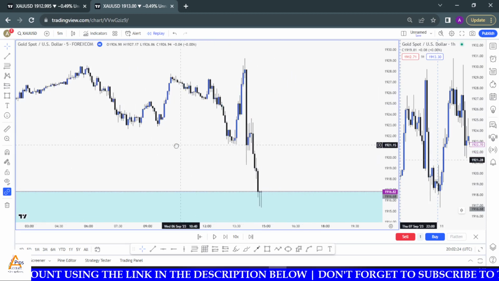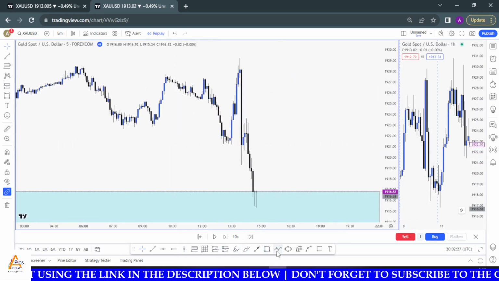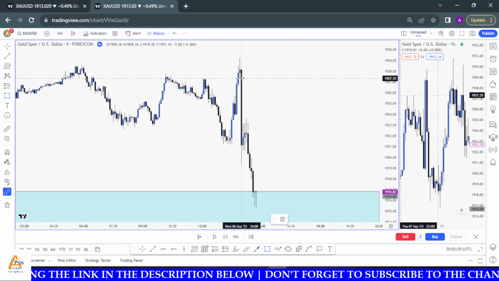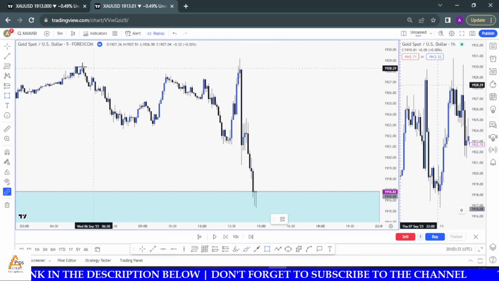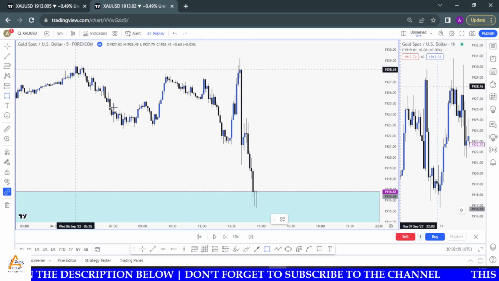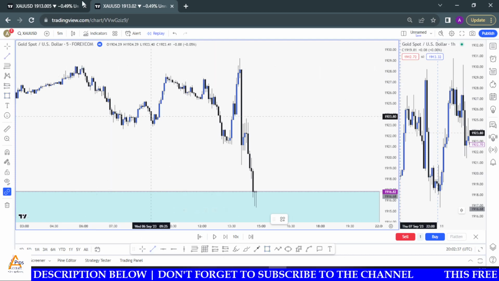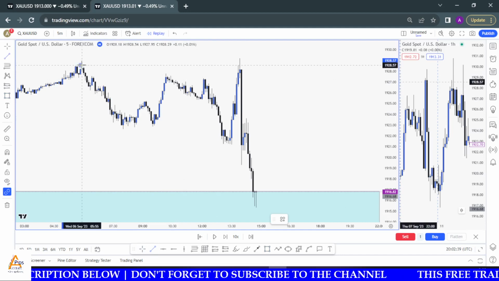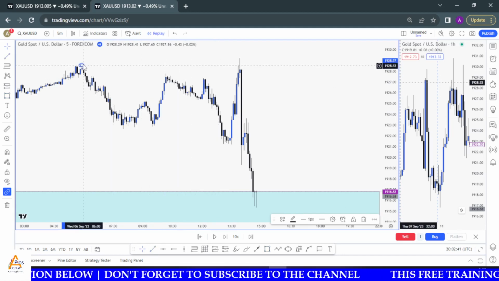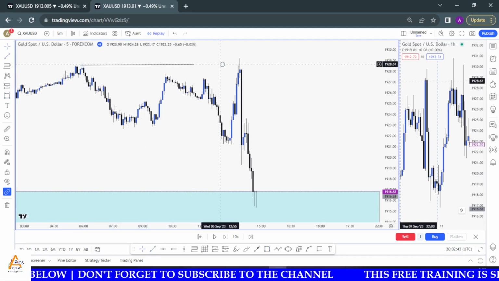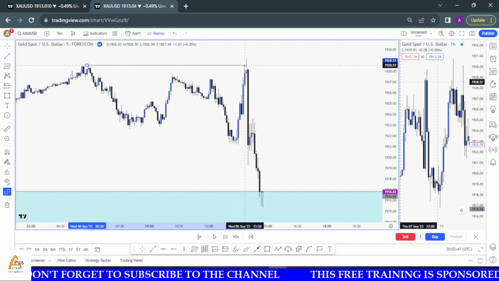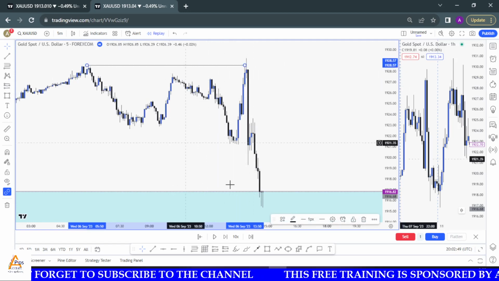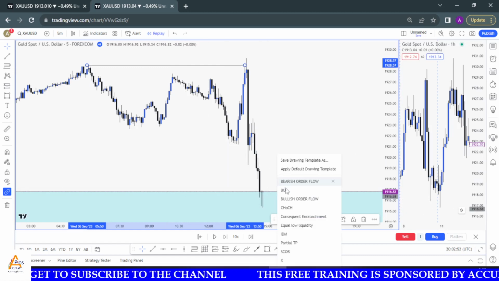Now let me show you something here. Look at this. Based on the counter trend, this is a valid OB here, and what happened, it took the high. This is a sweep. All right, you see, that is a proper liquidity sweep.